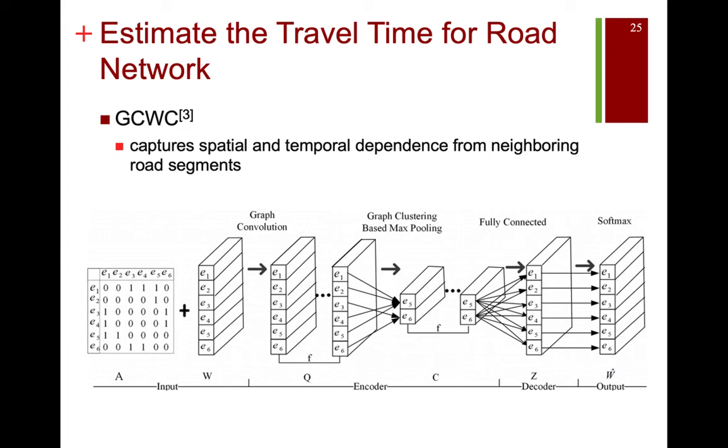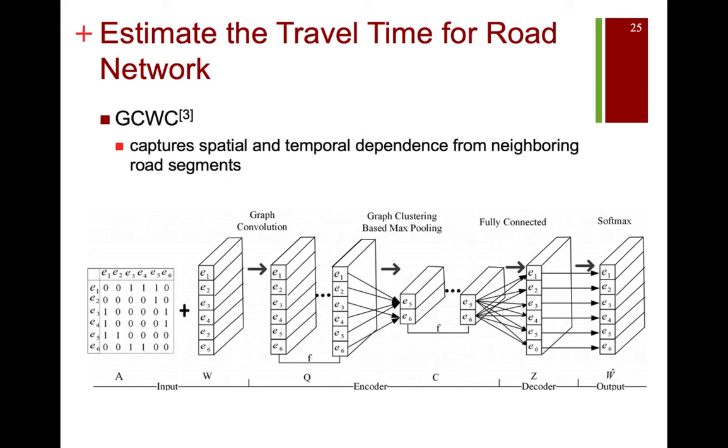You may have questions on how to do the training, right? Actually, during training, we have to use a dataset where every segment contains the travel time information. We first randomly remove the values from some of the road segments, and then make this the input of the model.